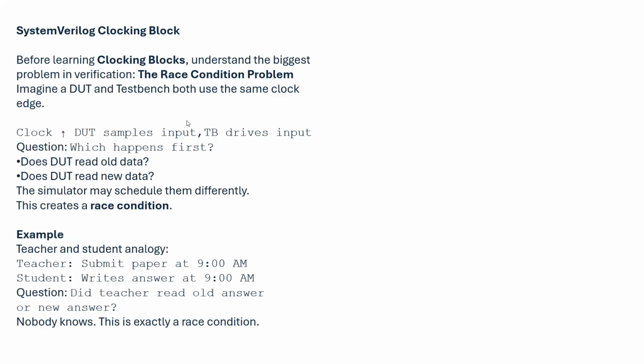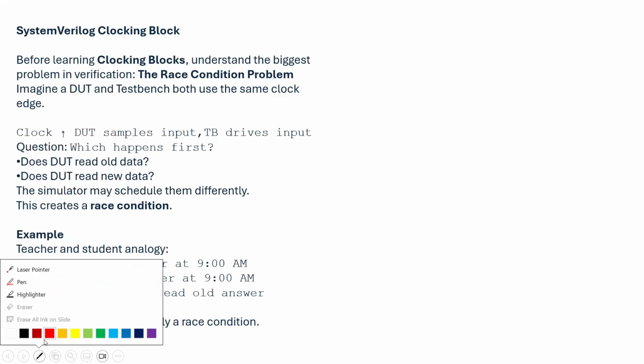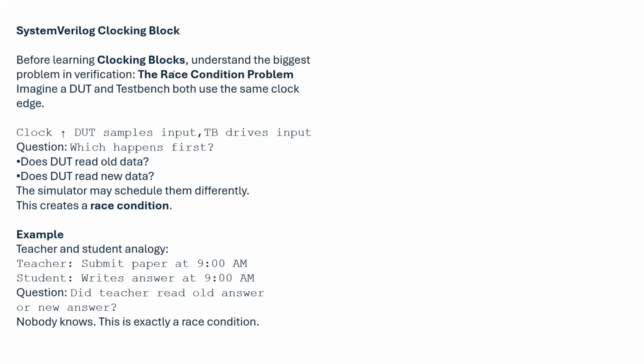Modports give the direction to the module ports, and clocking blocks avoid the race condition when the DUT and testbench both use the same clock. Like your DUT has @(posedge clk), and then the TB also uses @(posedge clk).